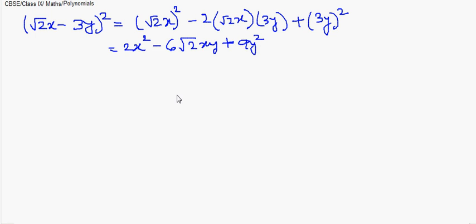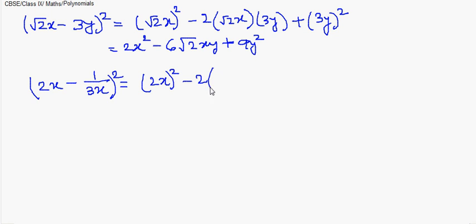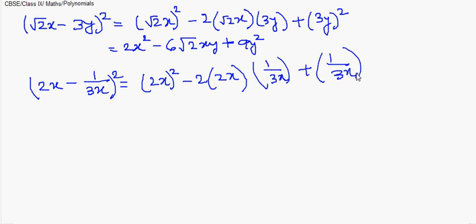These are all the simple applications. You might also come across questions with fractions in them. I take up one such, which can be (2x minus 1 by 3x) whole square. That's giving (2x) square minus 2ab plus b square.